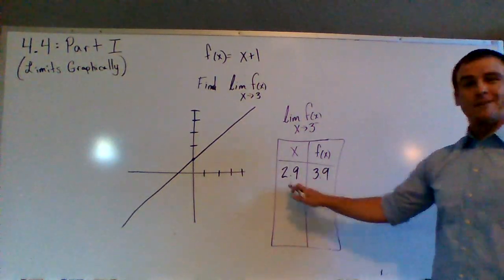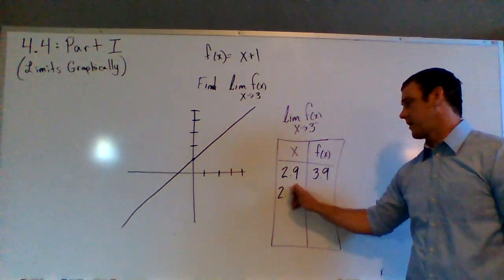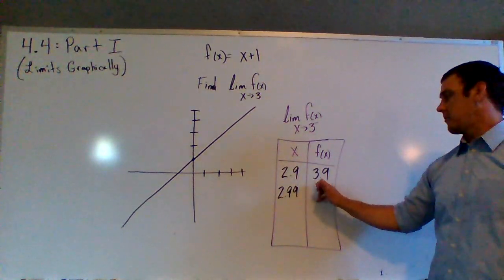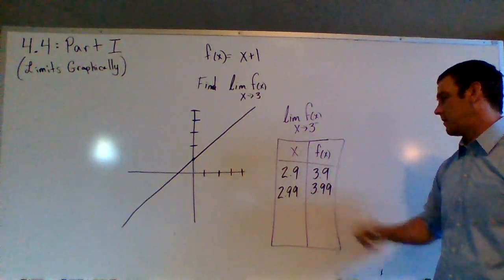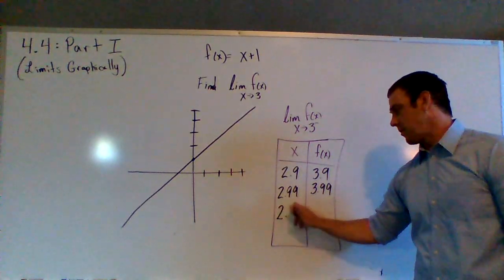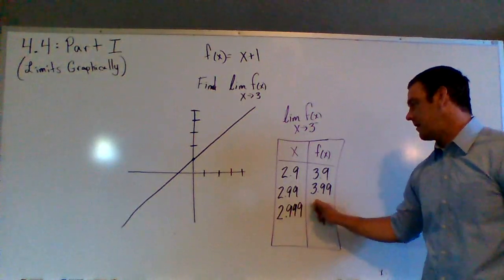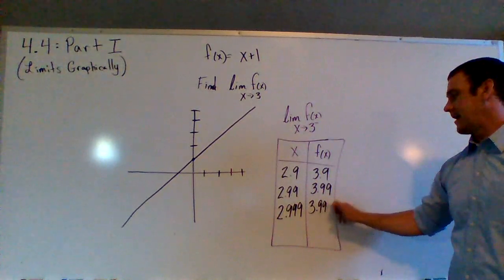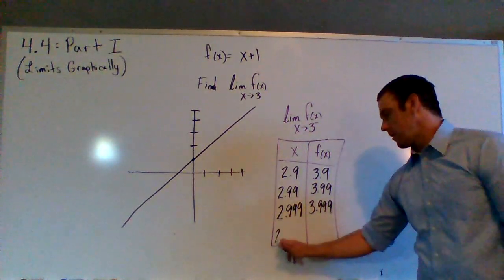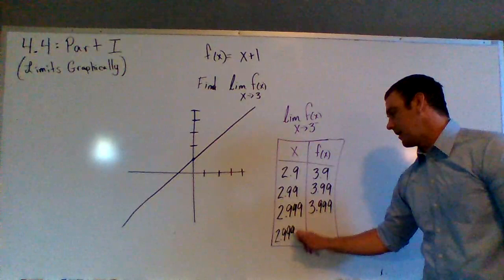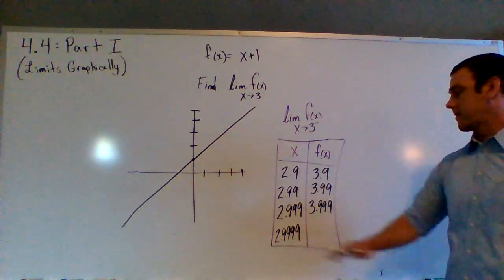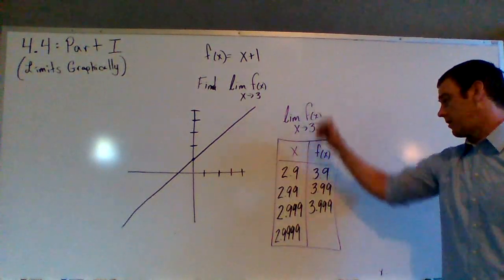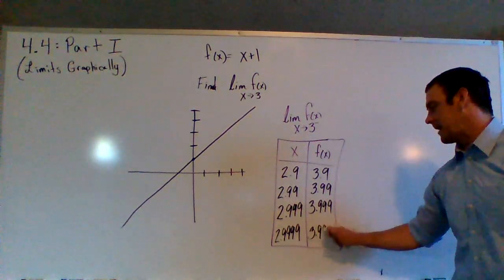But we can get a little bit closer. If I plug in 2.99, isn't that closer to 3? What I get out is 3.99. Even closer, 2.999: I get 3.999. One last time, 2.9999. If I plug that in, I get 2.9999 plus 1, making 3.9999.